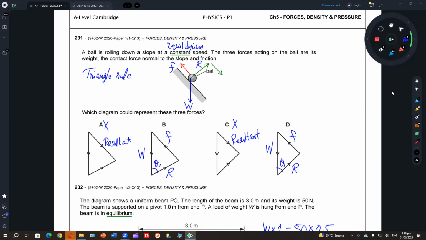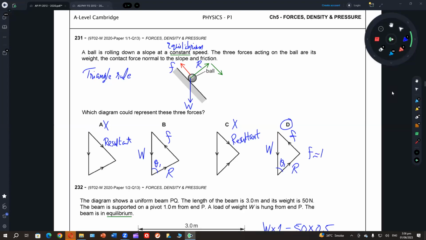Now, can you suggest a solution? Because only one thing is there, that R and F. Here, friction is a bigger force compared to R. And in D, interestingly, F and R are looking nearly equal. So will it be B?